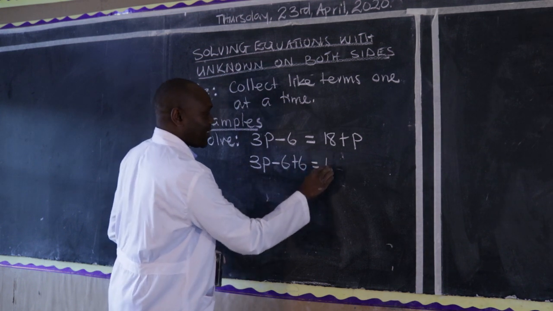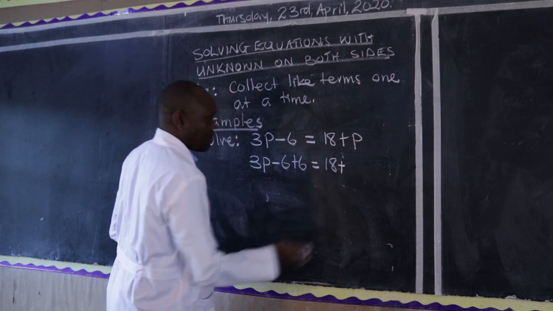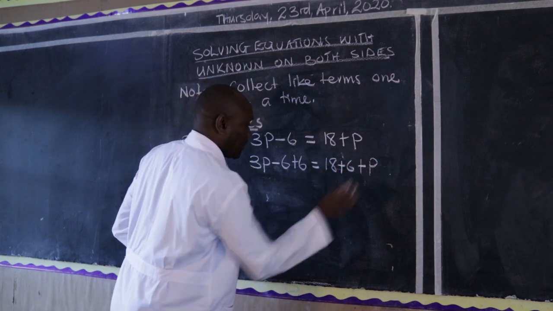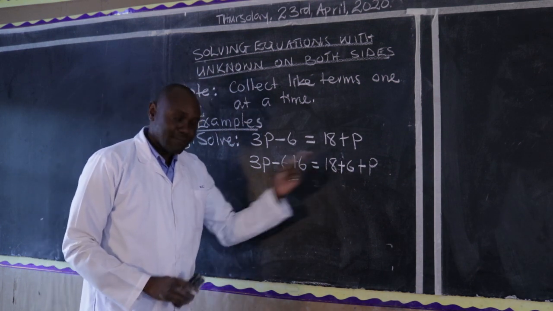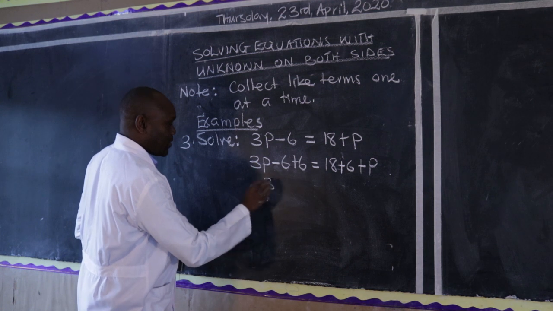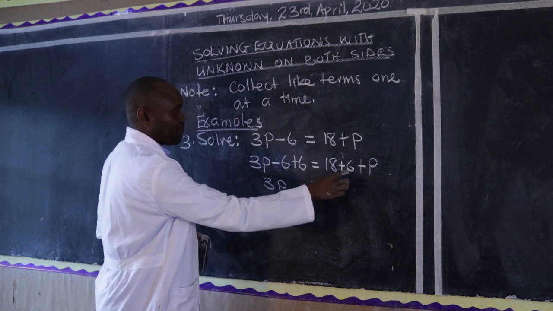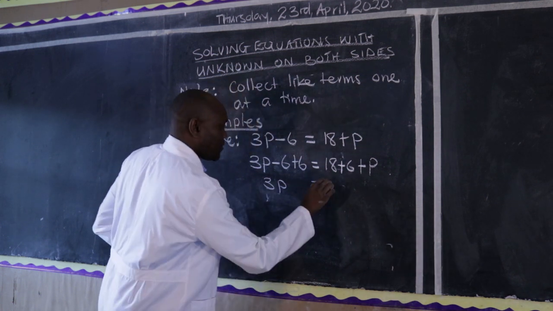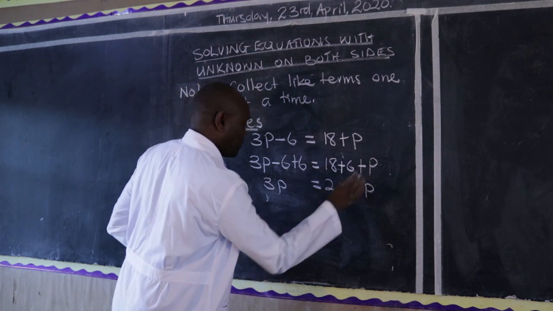It will give us 18, no, this one see, plus 6 plus p. Plus 6 plus 6. We shall remain here with 3p, which will be equal to 18 plus 6. 18 plus 6, yes, that will work. That will be 24 plus p.